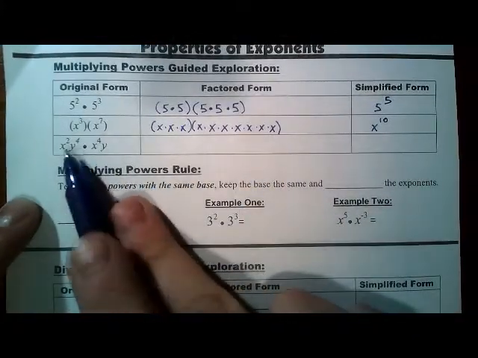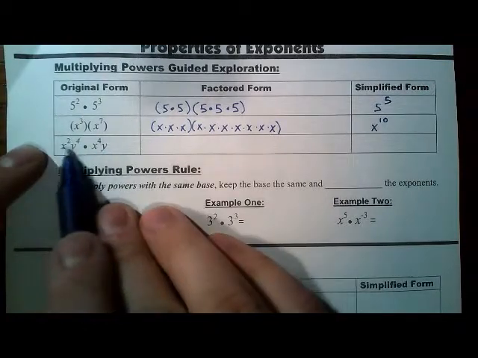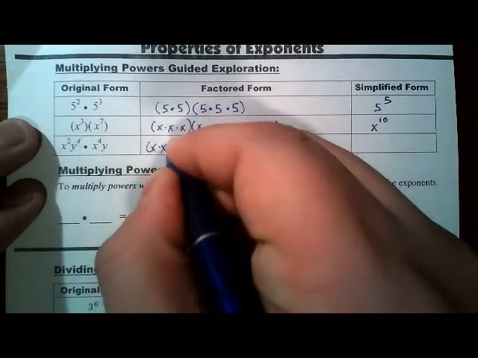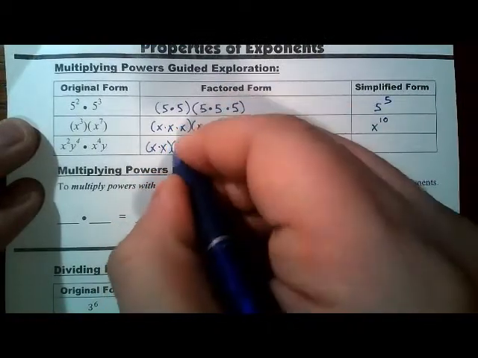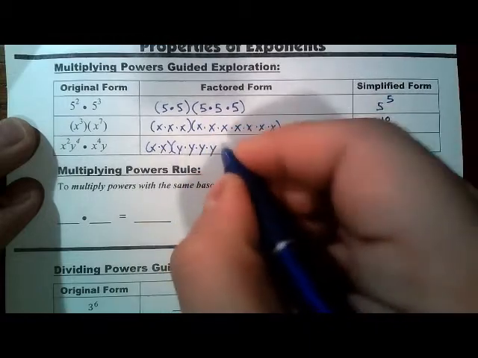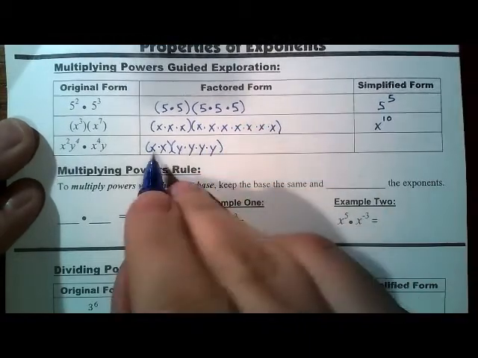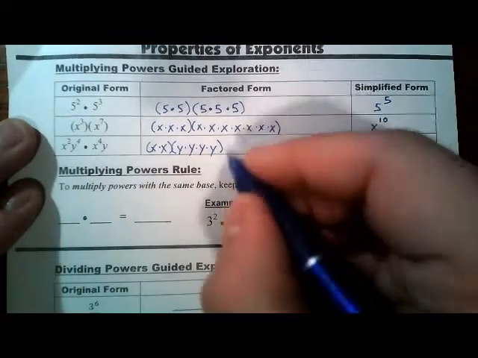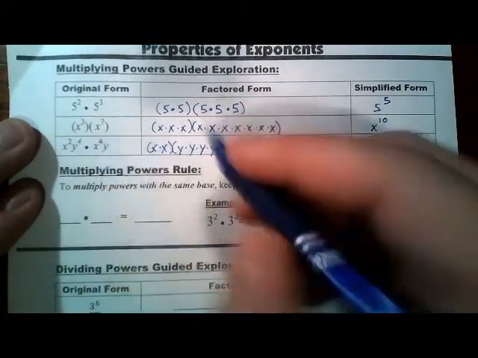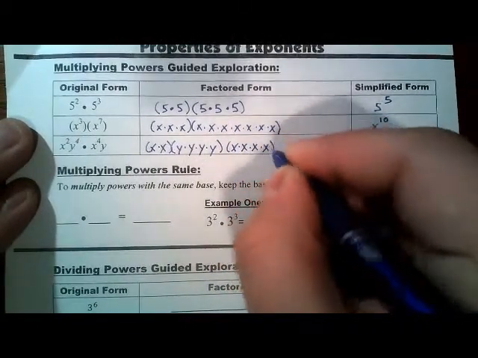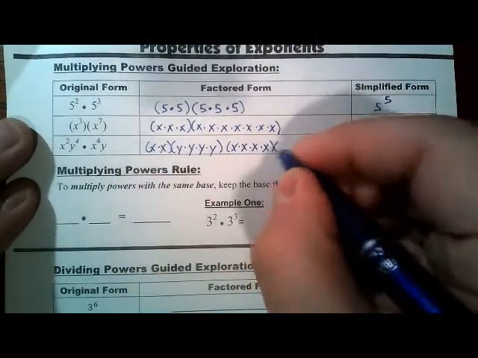Well, let's try this one out here. X squared times y to the 4th. That looks like this: x times x, and then y times y times y times y. Right? X squared, y to the 4th. And then I'm multiplying that by x to the 4th times y.